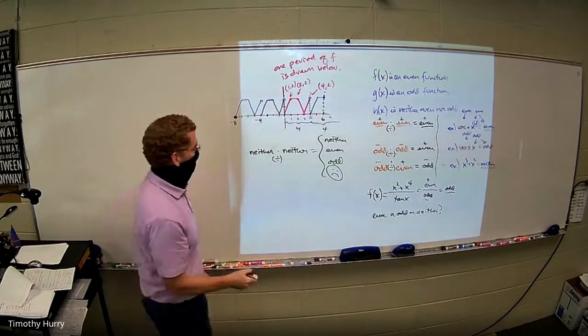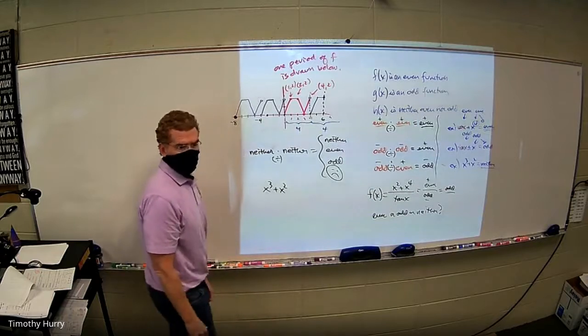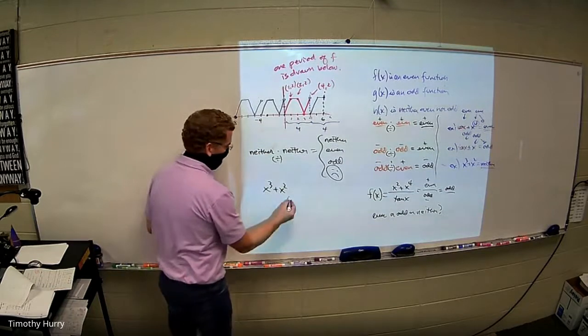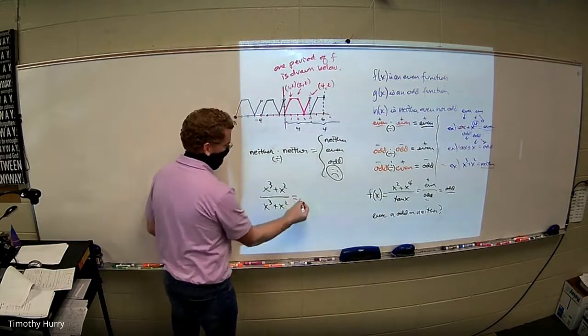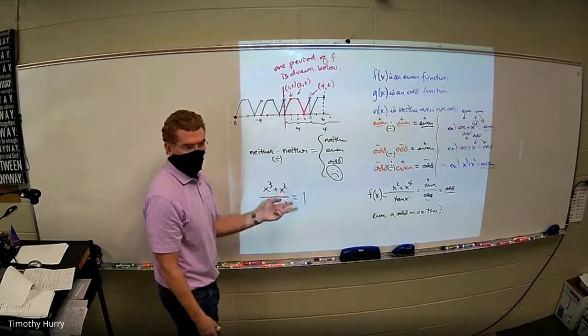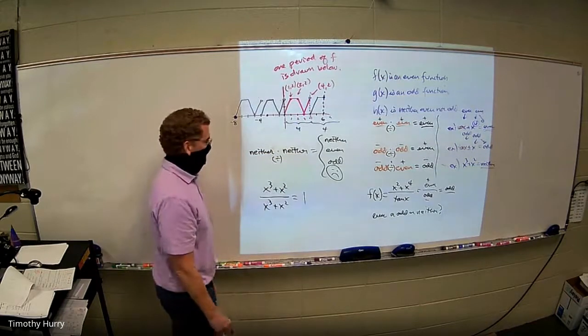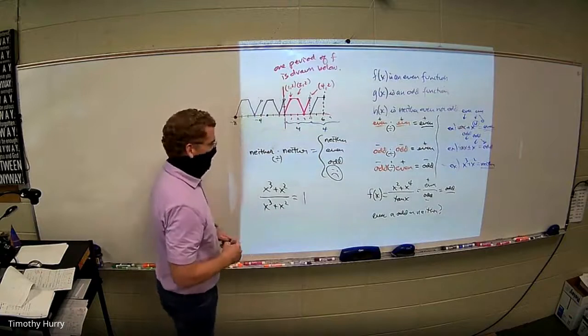I can give you an example. Here's a neither, an odd plus an even, right? What happens if I take that neither and divide it by this neither? I get even, don't I? 1 is like 1 x to the 0. It's even.